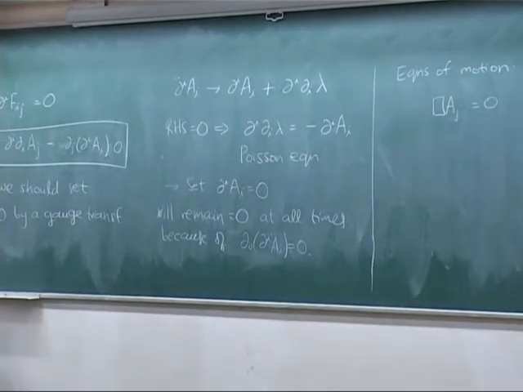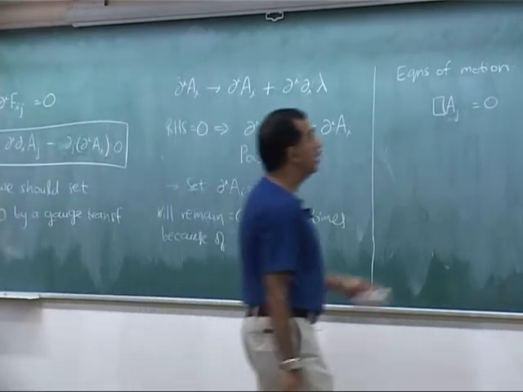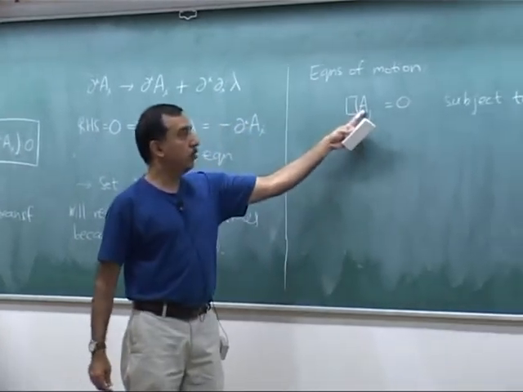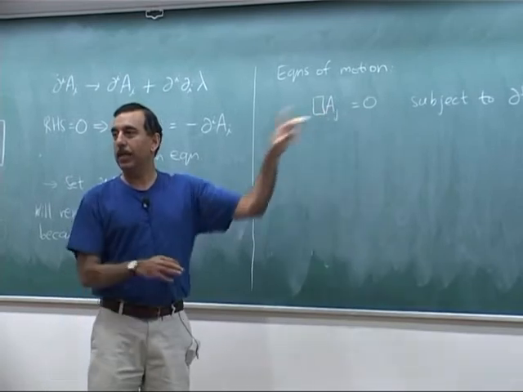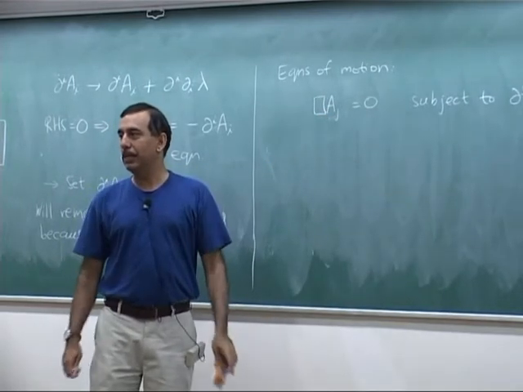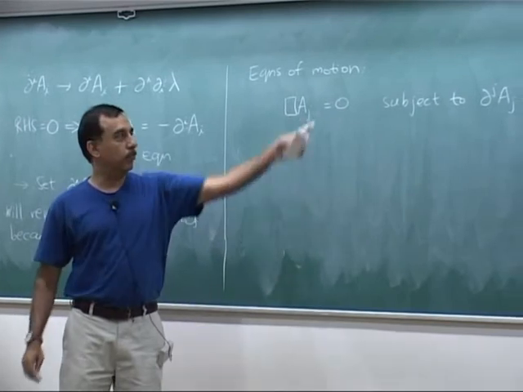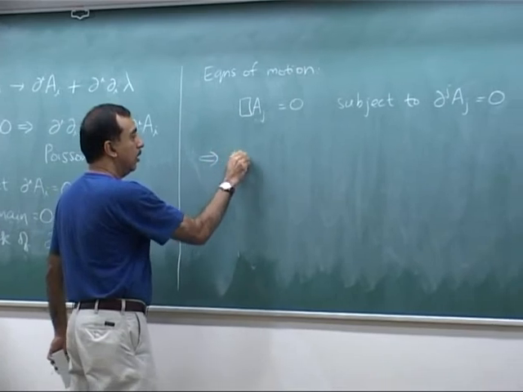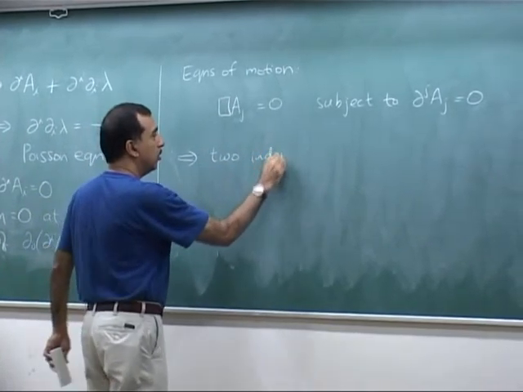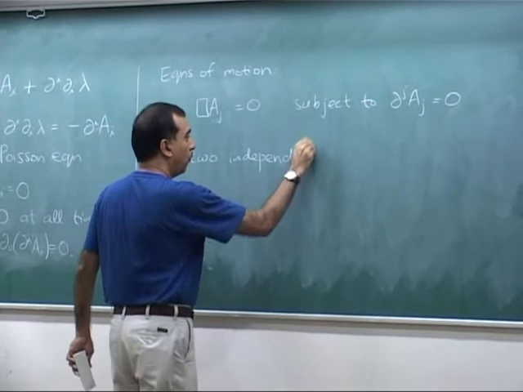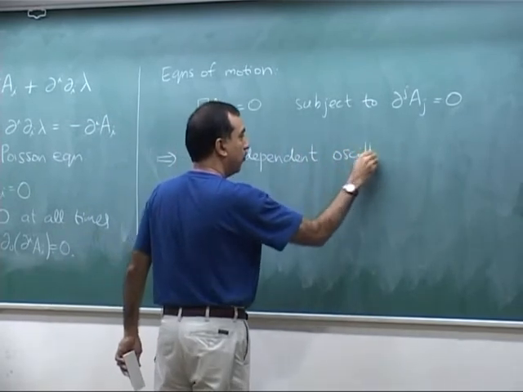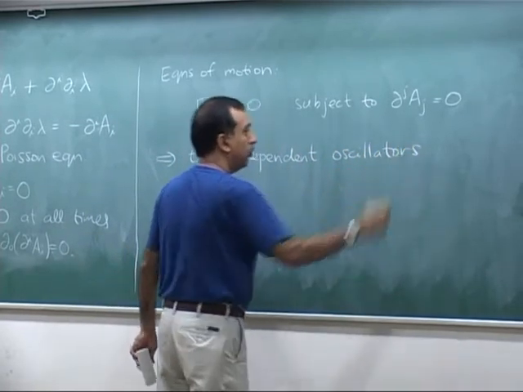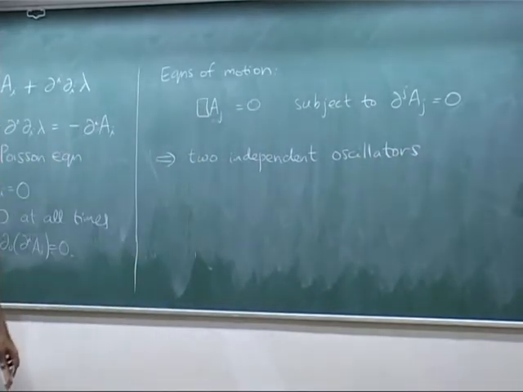So somehow one would have to find a way to quantize the system subject to this constraint, and one way would be to introduce 3 sets of oscillators and then impose the constraint on the physical states and remove whatever is removed by that. Since it's one constraint, the actual answer is that there are only 2 independent oscillators by the end of it. Okay?